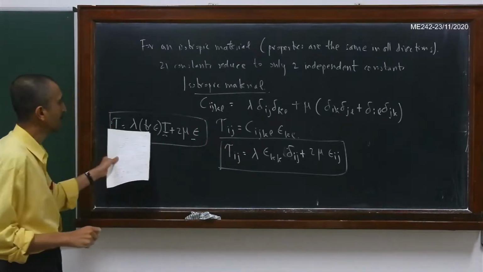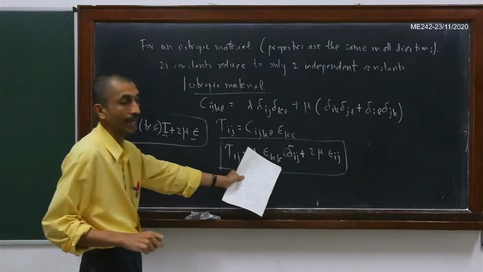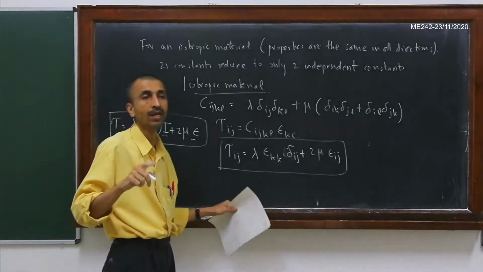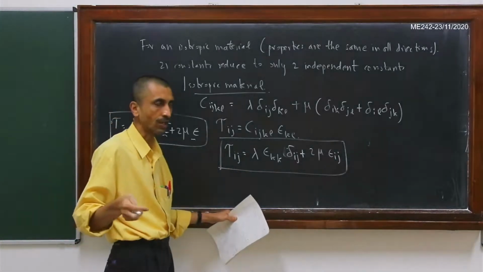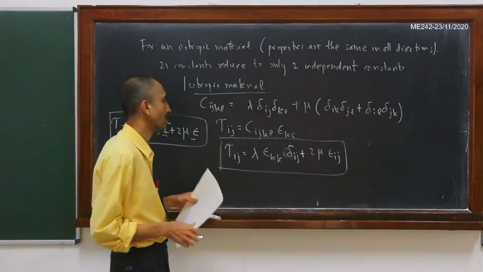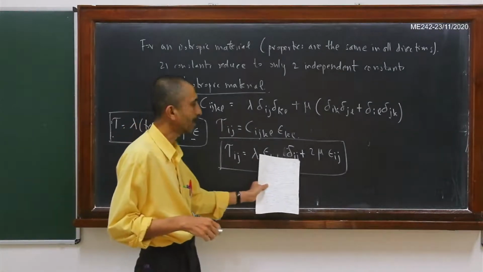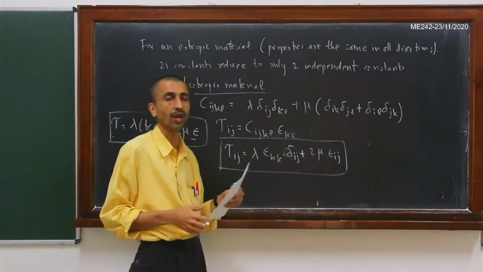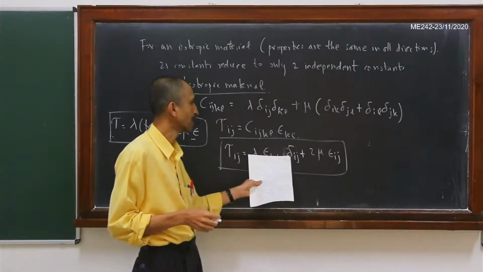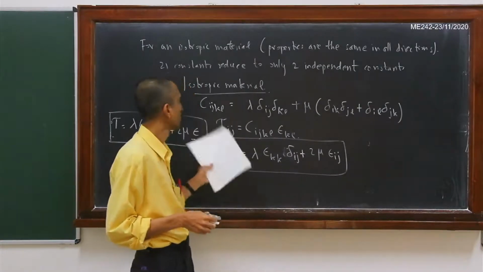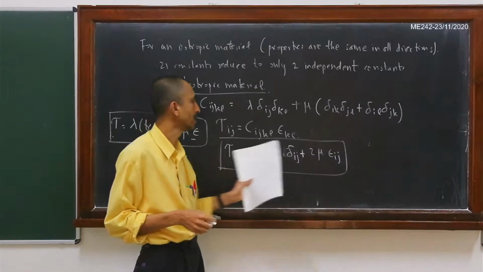This trace of epsilon is epsilon_kk, that is epsilon_11 plus epsilon_22 plus epsilon_33. That is the trace of epsilon. Then the delta_ij, we have already seen, is the canonical delta. They are just the components of the identity tensor, and epsilon_ij is simply this one.